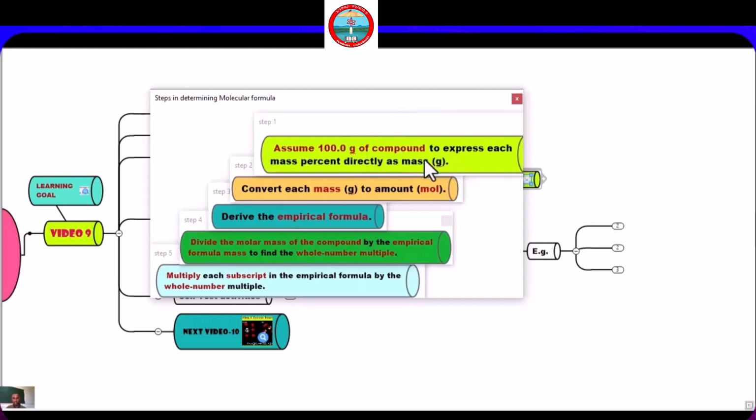Step 2 is convert each mass into mole. Then derive the empirical formula and then divide the molar mass of the compound by the empirical formula mass to obtain the whole number, and then multiply each subscript in the empirical formula by the whole number. Finally, you will have the molecular formula.